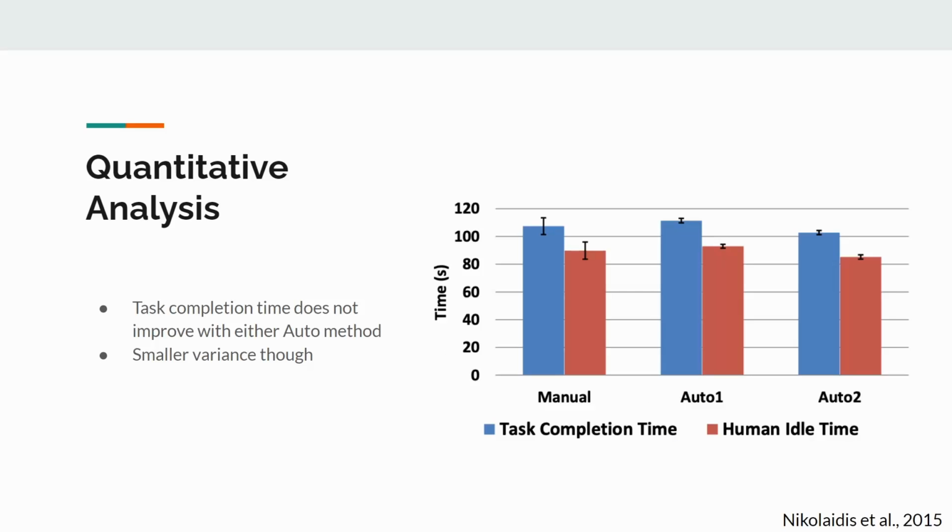In a quantitative sense, the third hypothesis, that the teams with auto agents outperform those with manual agents, does not hold. Essentially, the task completion time doesn't necessarily change between the 3 methods. What does change, though, is the smaller variance in the auto methods, although that would be more applicable for a manufacturing setting, not necessarily a perceived benefit.